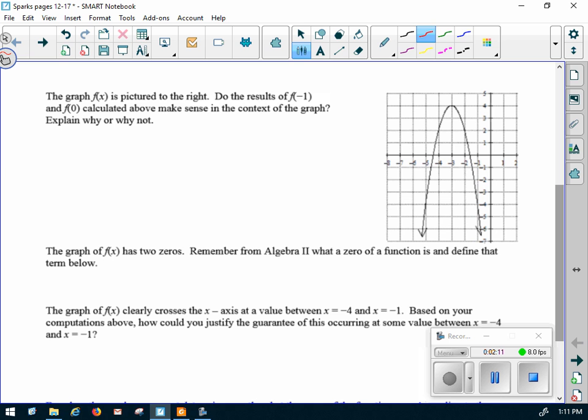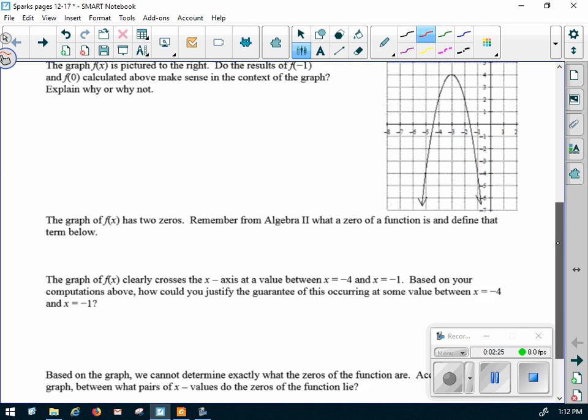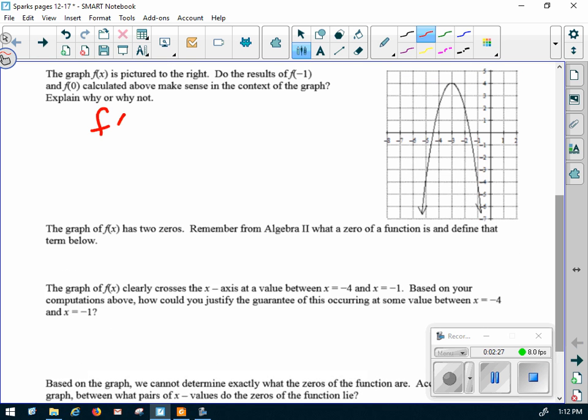The graph of f is pictured to the right. Do the results of f of -1 and f of 0 that you figured out above make sense in the graph? We got f of -1 is -4. Does that make sense here?